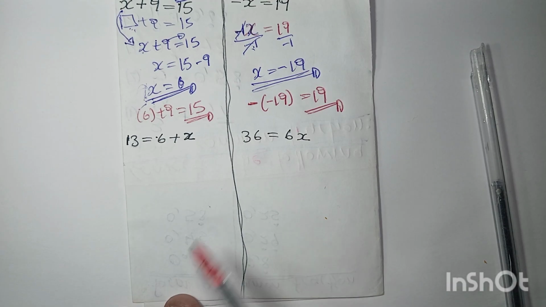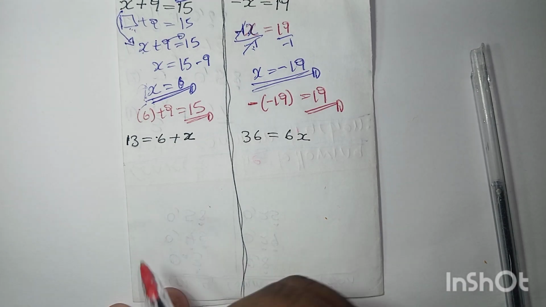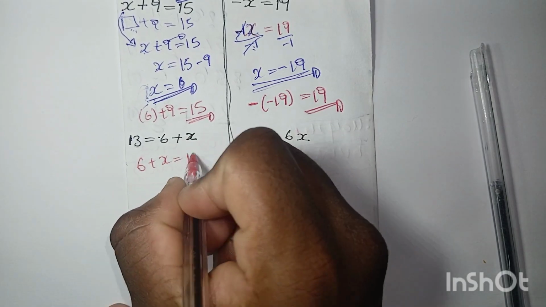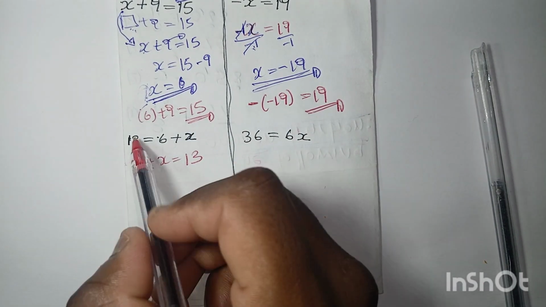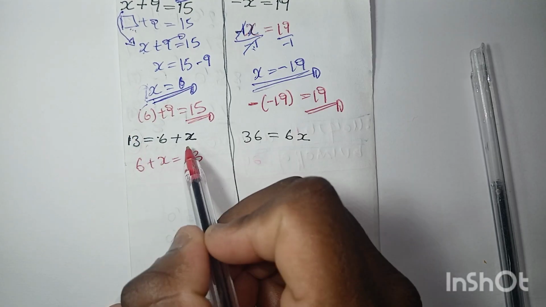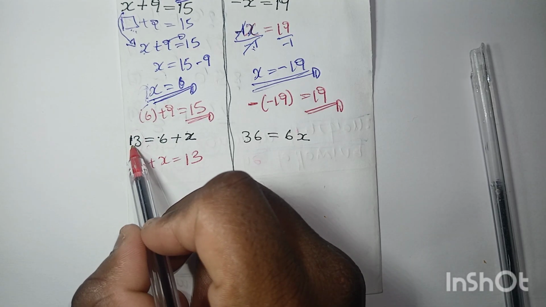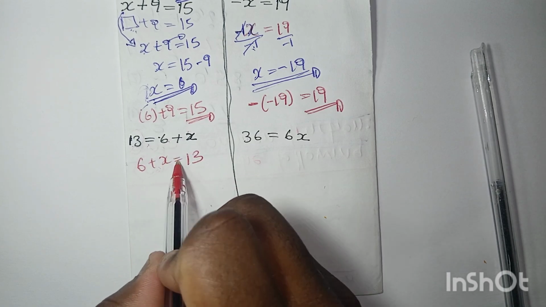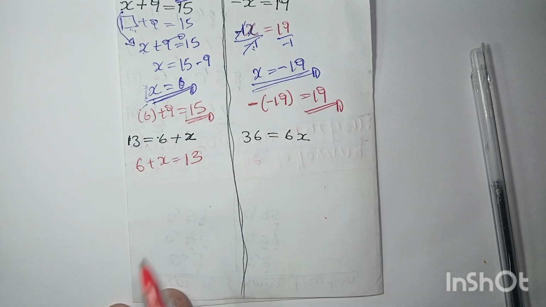So let's solve for x here. To solve for x, you can rearrange this equation like this. 13. Do you see? I said this thing is equal to that one, meaning this thing is the same as that one. Also, this thing is the same as that one. Do you get me? So okay, now let's solve.